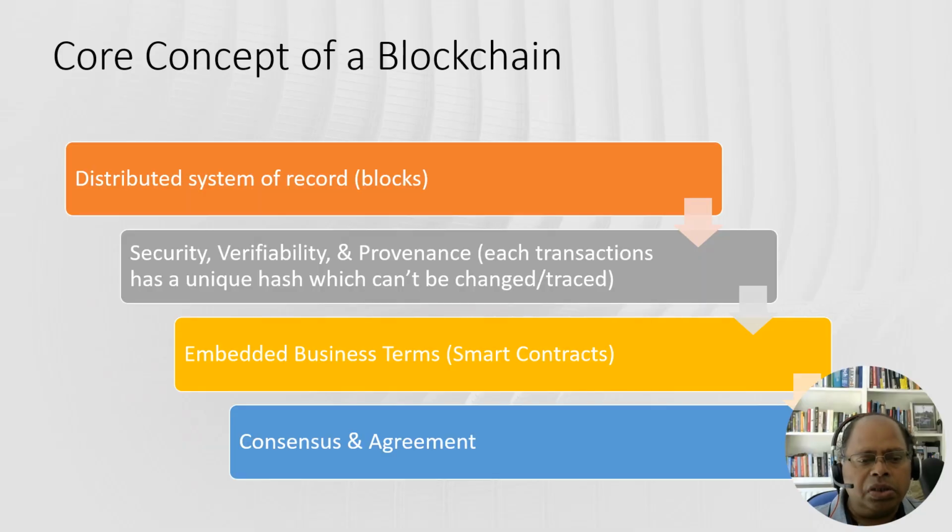Some of the core concepts of a blockchain: it is a distributed system of record, which is blocks. It's secured, verifiable, with provenance, proof of work, and so on. It has embedded business terms. It offers smart contract concepts to embed business rules and business contracts, or service level agreements. There are several definitions, but you can also make a smart contract reusable.